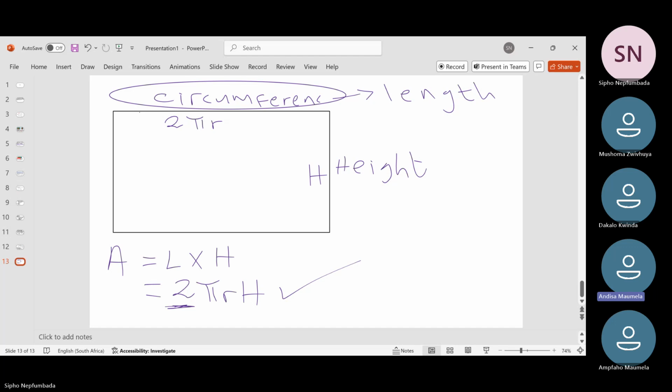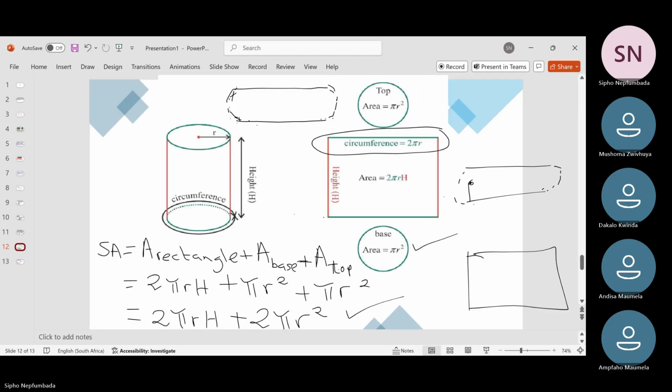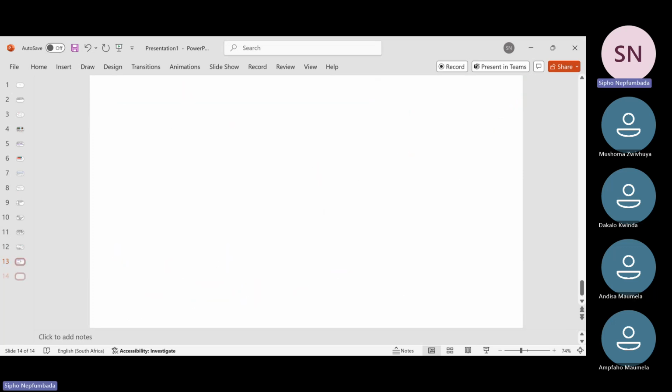No. It is the circumference of the circle. The circumference of the circle is 2 pi r. Are we good? I understand now.